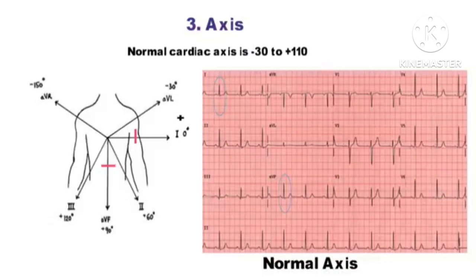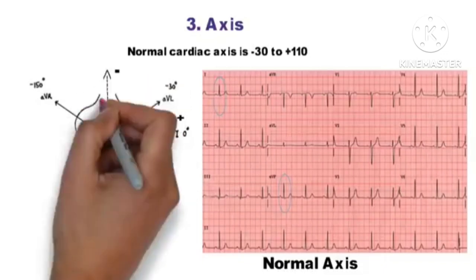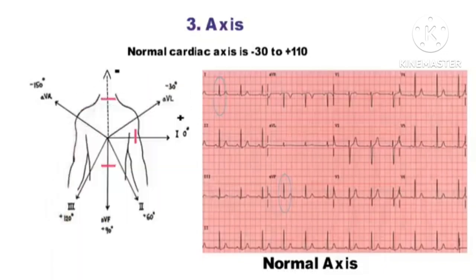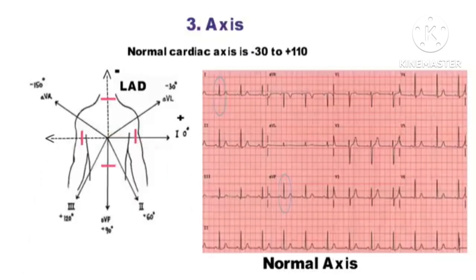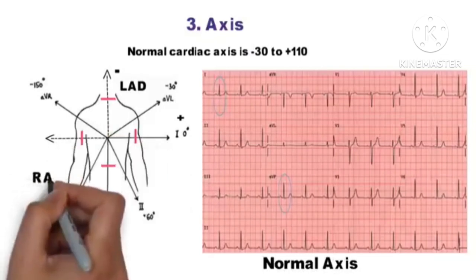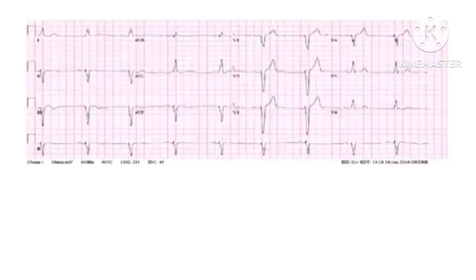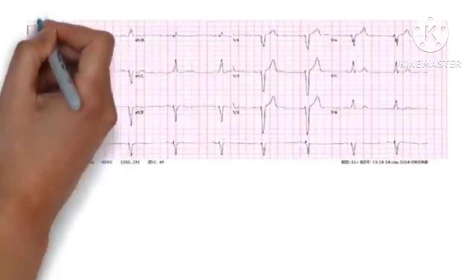And if net QRS is positive in lead 1 and negative in AVF, the net vector will be in left axis deviation range. Lead 2 will also be negative in left axis deviation. And if net QRS is negative in lead 1 and positive in AVF, the net vector will be in right axis deviation range.